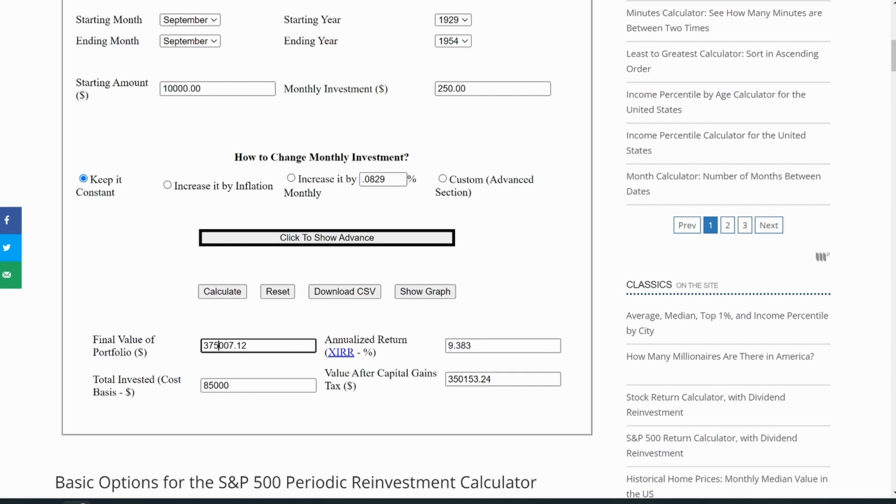And then if we go down to calculate, you could see right here, your final value is $375,000. Your total investment would have been $85,000 and you would have $375,000. Your annualized return was 9.3%. So even though you just threw in $10,000 at the very top, then you started to dollar cost average.